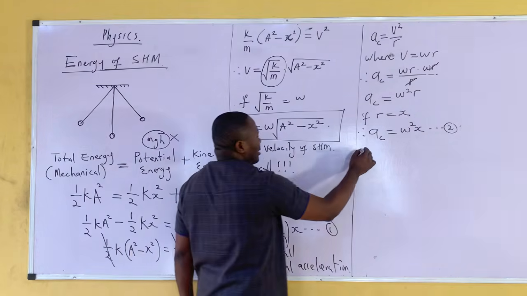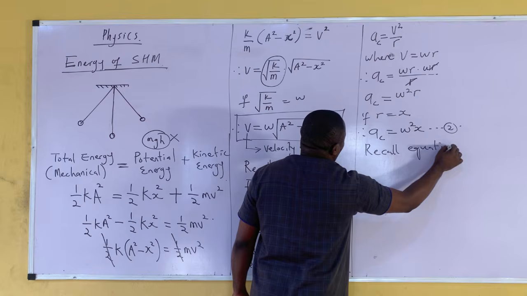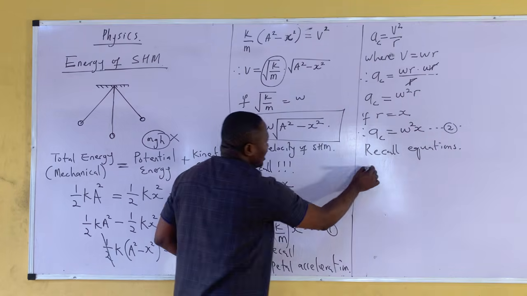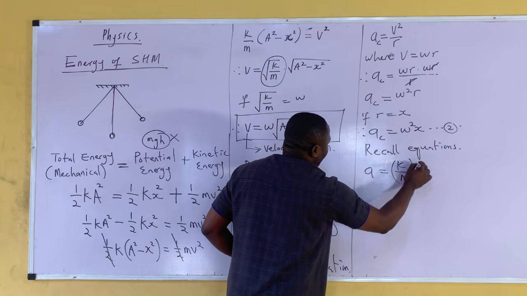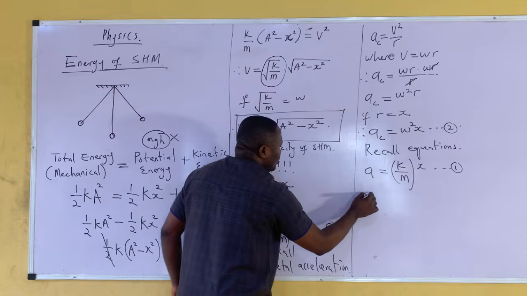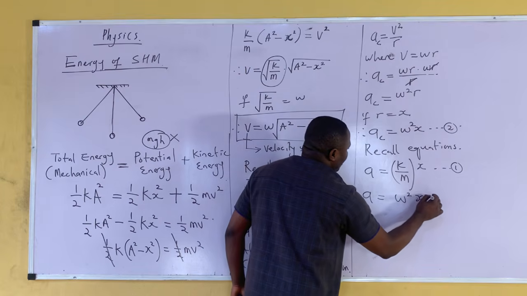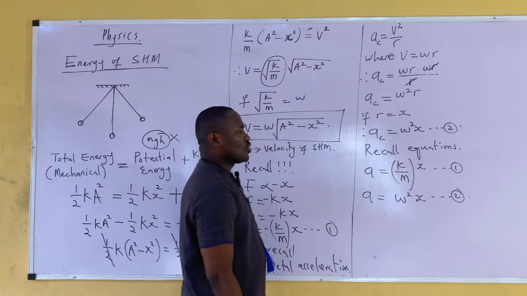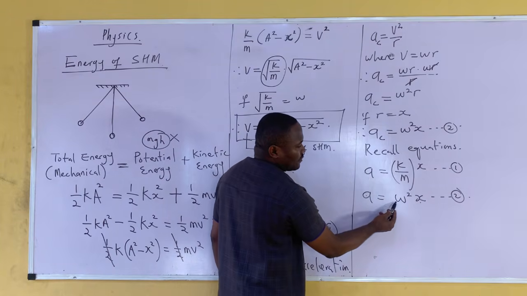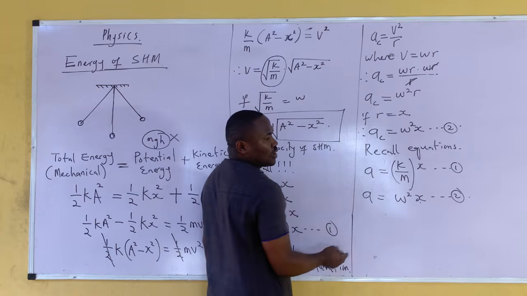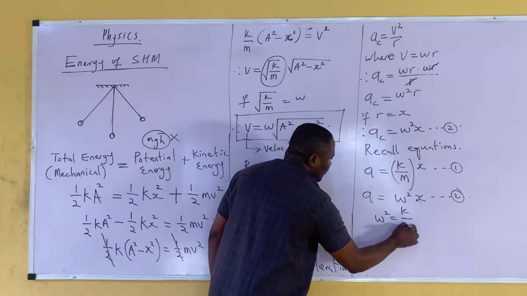So now I will recall the equations. My first equation is a is equal to k over m, all in bracket, x. That's equation 1. Also, a is equal to w square x, equation 2. If you look at equation 1 and equation 2, a is equal to a, x corresponds to x, therefore w square will correspond to k over m. So w square is equal to k over m.